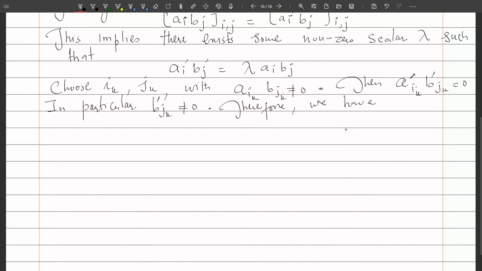So we get a_i' is actually equal to, and one should note here, this is true for all i and j.